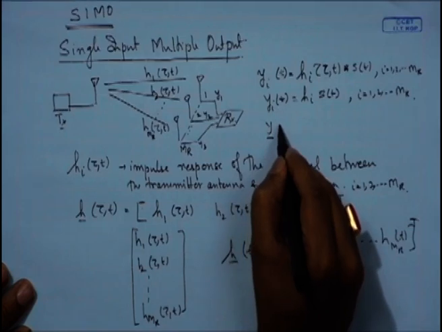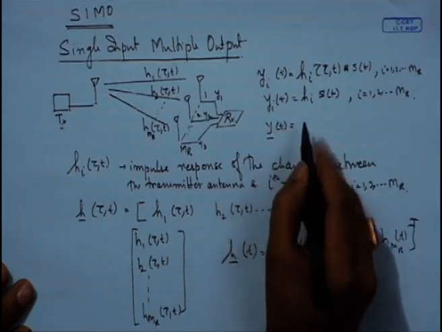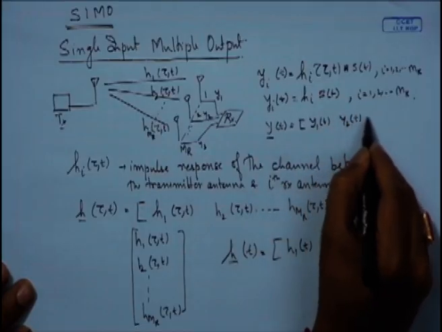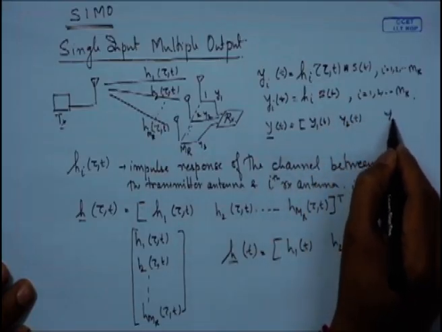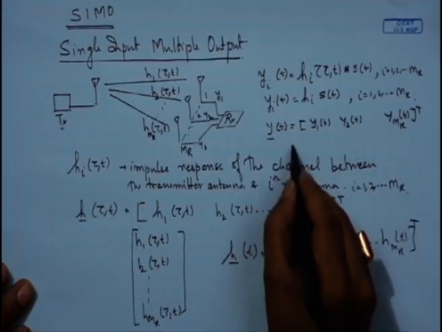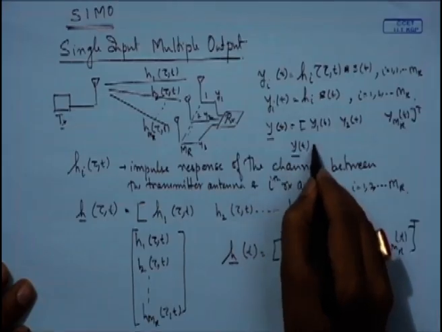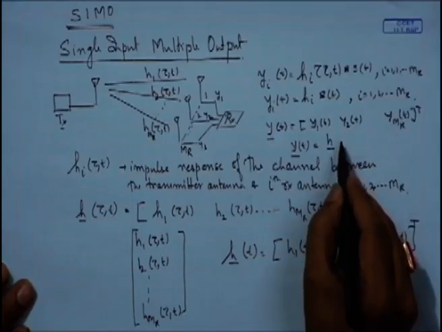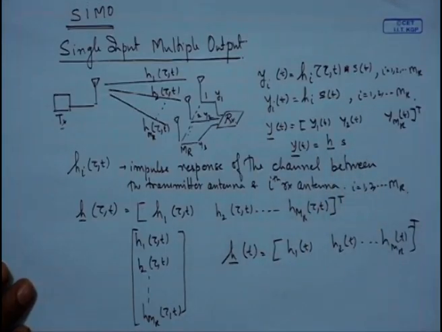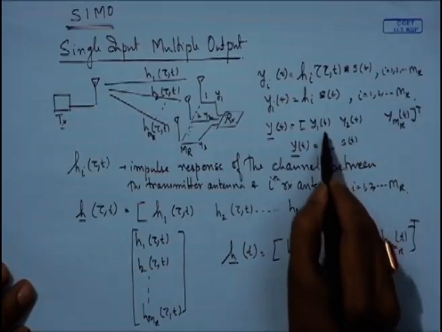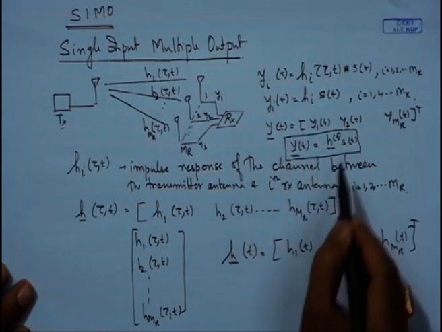So this is what we are going to get, and for i equals 1 to mr, you could write it in vectorial form. y of t is equal to y1 of t, y2 of t up to y mr of t, transpose, or we could write y of t is equal to h vector times s of t. So that is the short form. We could write this in the vectorial notation as the received signal.